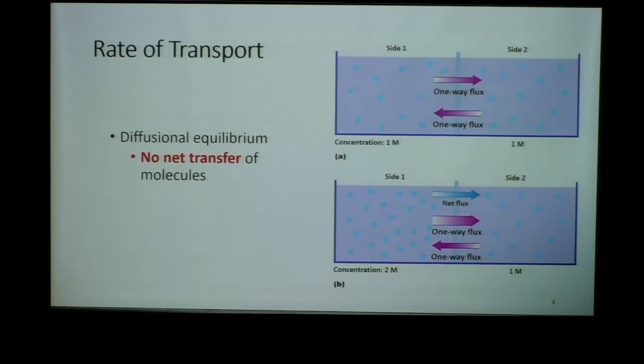What do we no longer have? A gradient. We no longer have a gradient, right? Particles are still moving in either direction, as we can see. There's a one-way flux, but there's no net flux. We have no gradient, okay? And so these are the two ends of the spectrum of the rate of transport across the membrane. We can go freely moving, or we can get to equilibrium where we're not moving much at all, right? Two ends of the spectrum.